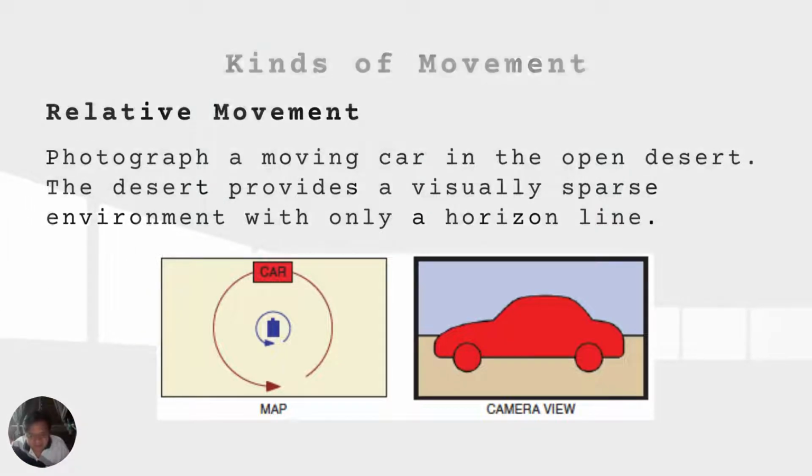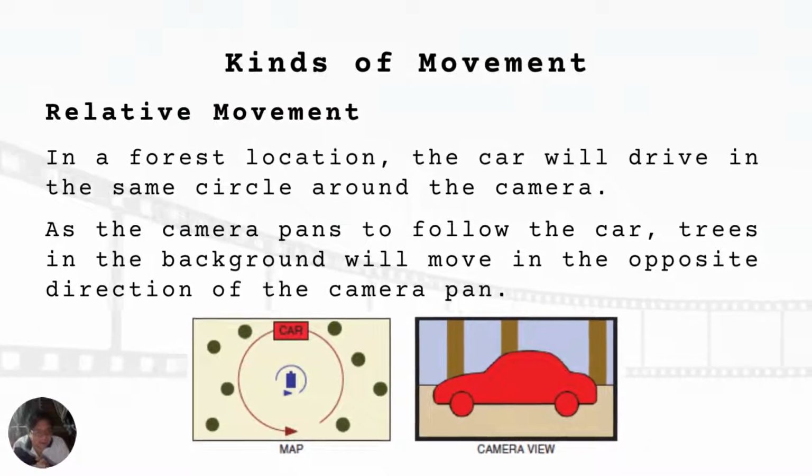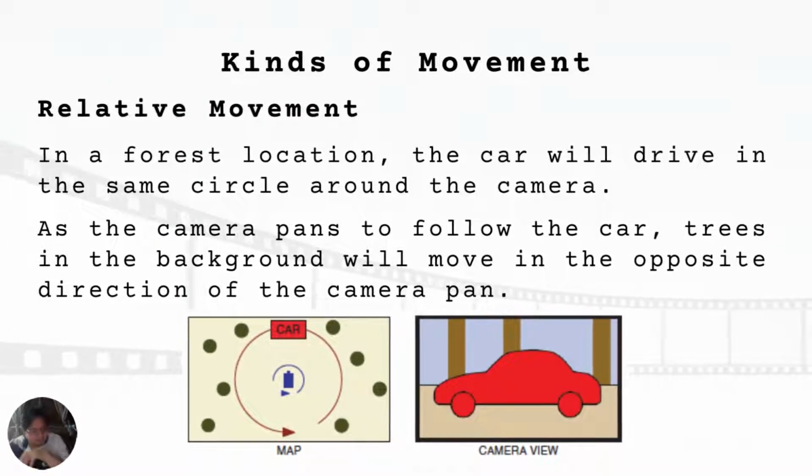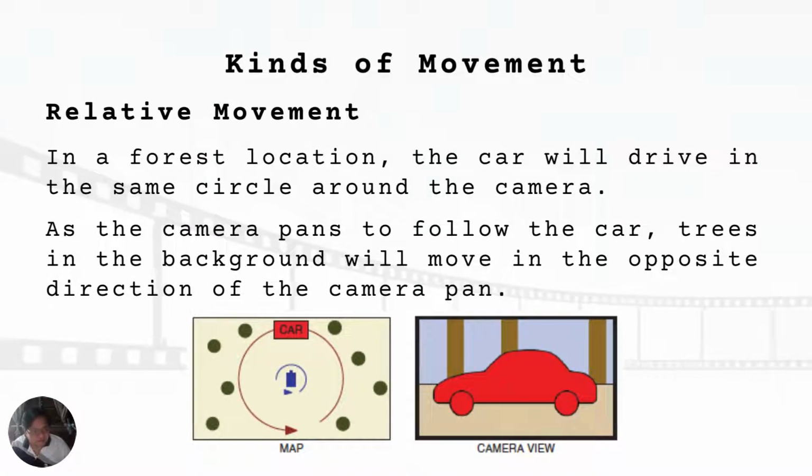Okay? Now, I'm going to give you another example. The same car, but this time, let's put stationary objects in the background. If, for example, we change the location from the desert that doesn't have any stationary object, where you just show a horizontal line, to a forest.